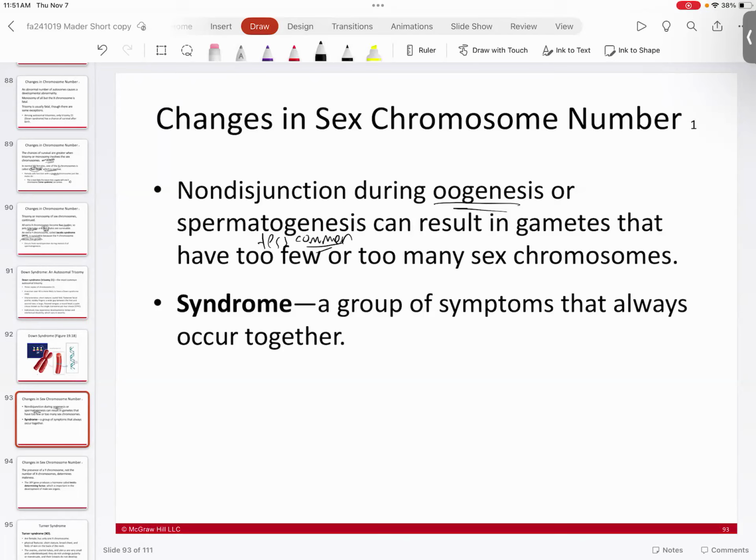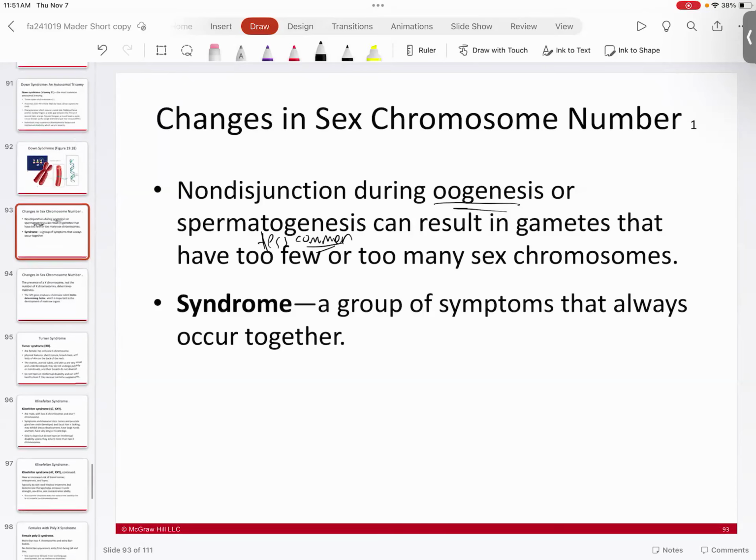Why? Because with males, they're constantly making sperm. It's use it or lose it. If they have a bad non-disjunctional batch of sperm, chances are they're just going to scrap that and make a new batch, and that new batch will probably be okay. Whereas the female, the egg that she selects is something that she's been hanging on to potentially for 4 decades.